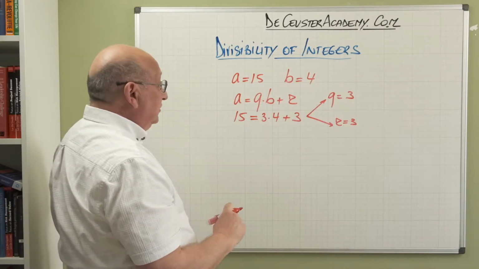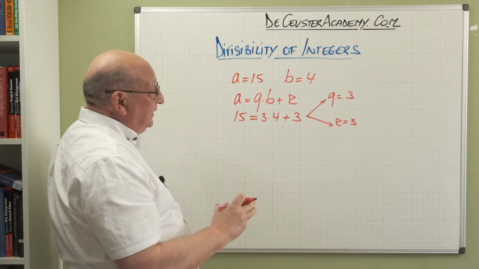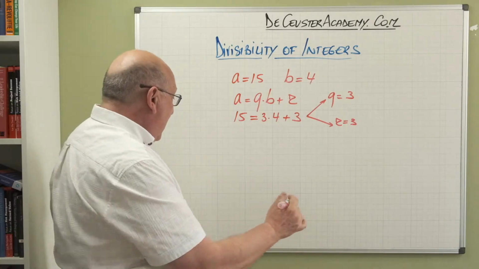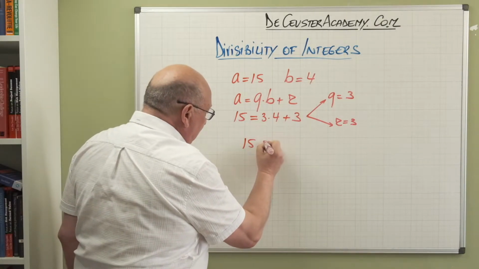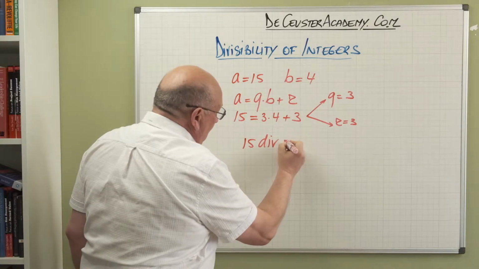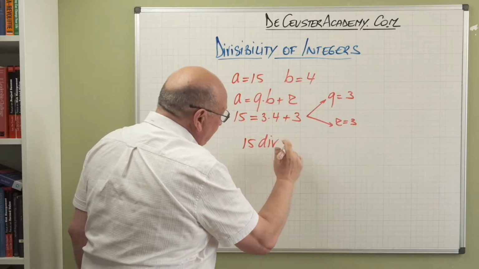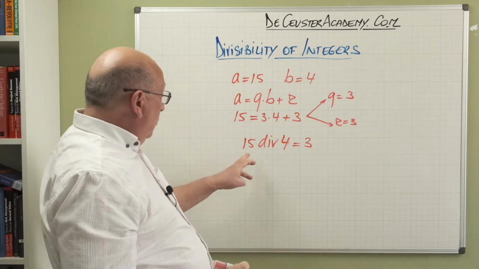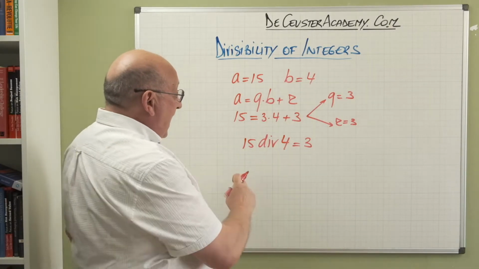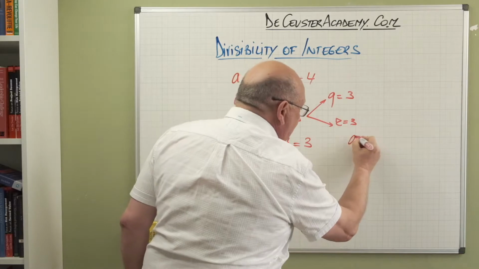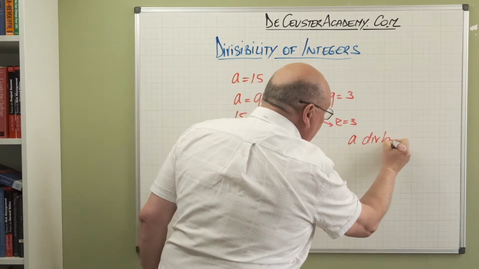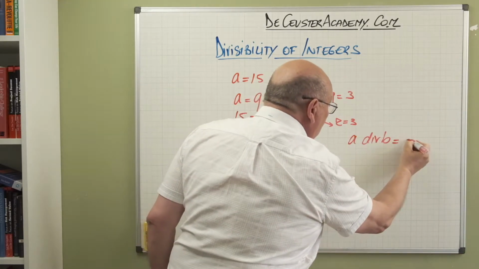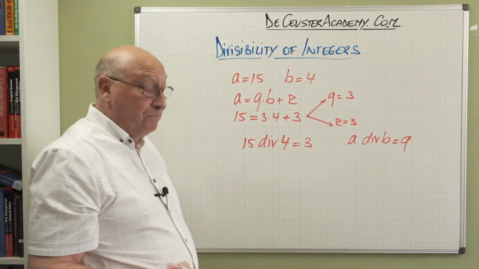What we can also define now is the integer division, and we can say 15 div 4 is in fact 3. So basically we say that a div b is the quotient.